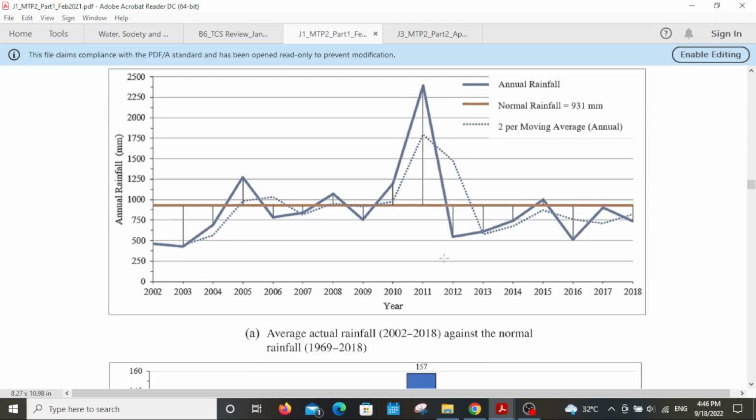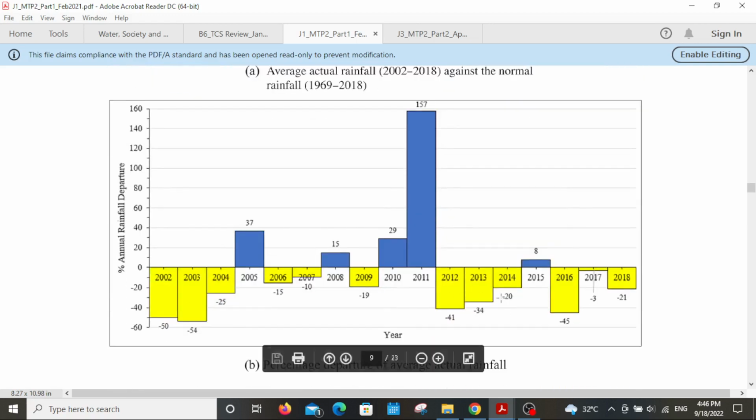But most specifically the concern is in the last decade, when the rainfall remained mostly deficit, and we have also estimated the departure of the rainfall, that is the deficiency in the rainfall, and it went as high as 45%, to nearly more than 8% of the annual rainfall.